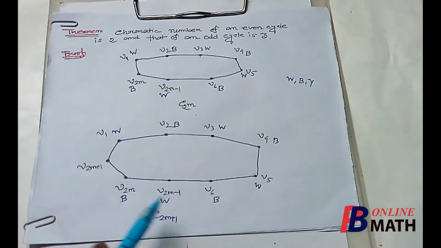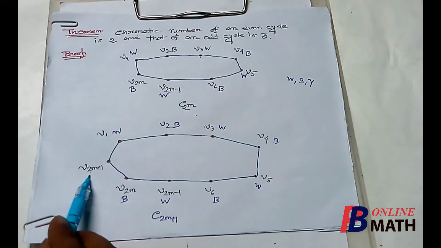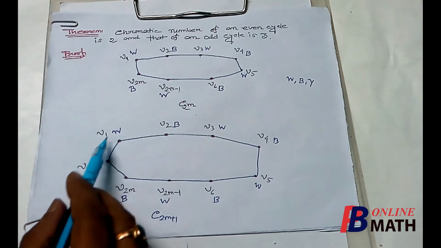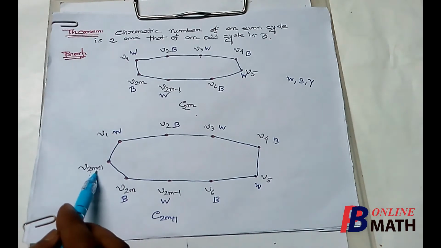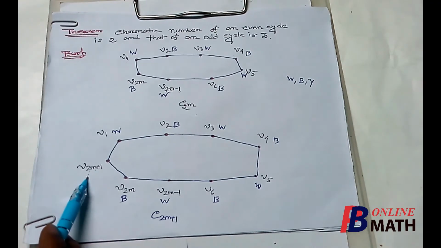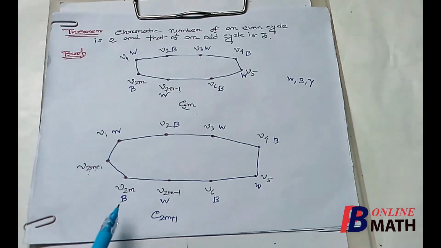So this is an odd cycle, so we have an odd number of vertices. Now this last vertex cannot be colored with white color. We can't assign white color to v2m+1 because it is adjacent to v1. Similarly, we can't assign blue color to v2m+1 because it is adjacent to v2m. We have already assigned blue color to v2m.